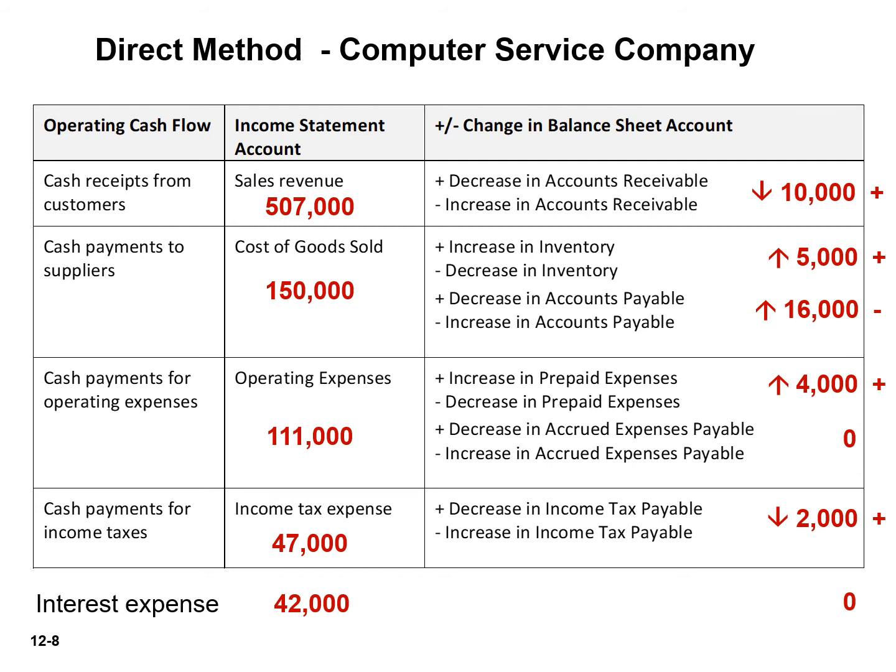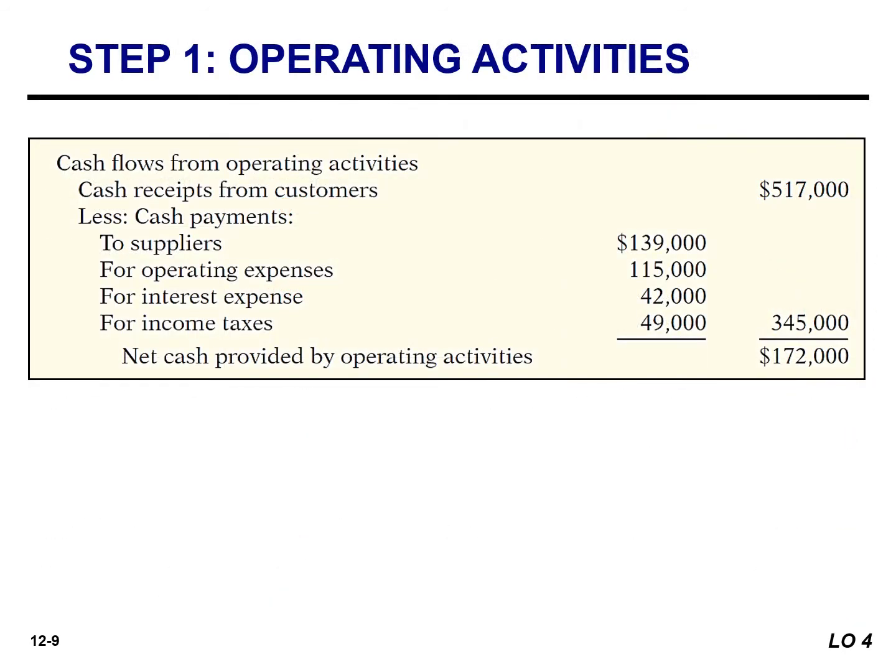Again, there is no change in any liabilities on our interest expense, so our cash paid for interest expense would be $42,000.